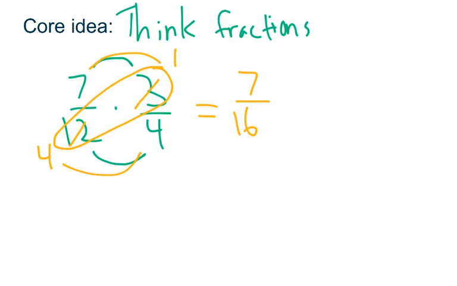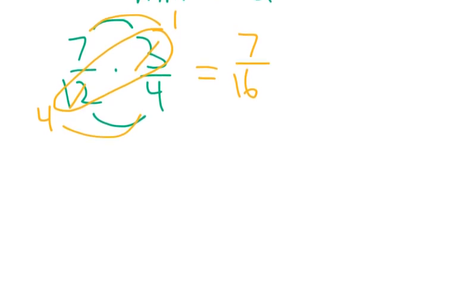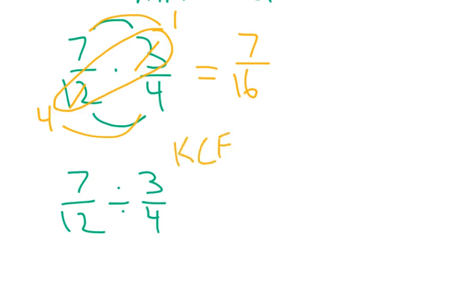So sticking with that idea, let's take a look at a similar problem, 7/12, but this time divided by 3/4. Again, if you're dealing with fractions, you have to do the whole keep, change, flip thing. So we're going to keep this fraction, 7/12.